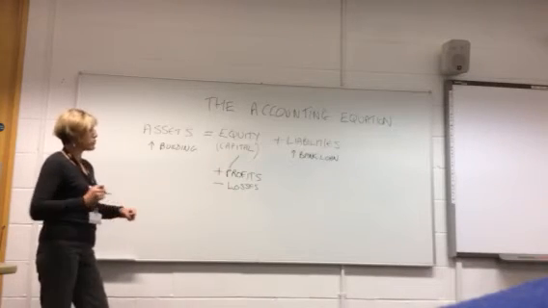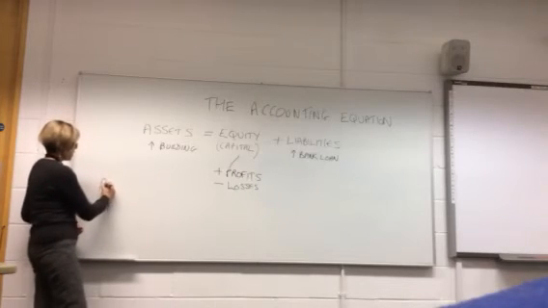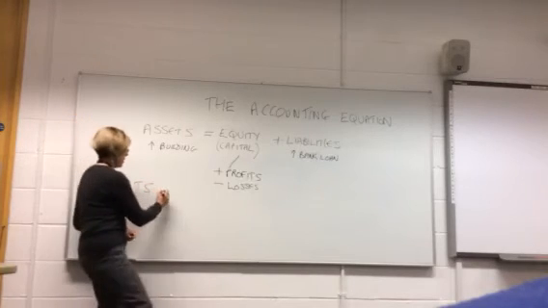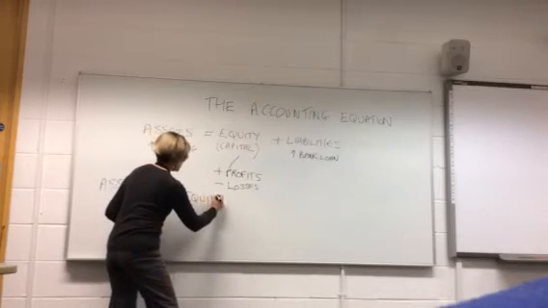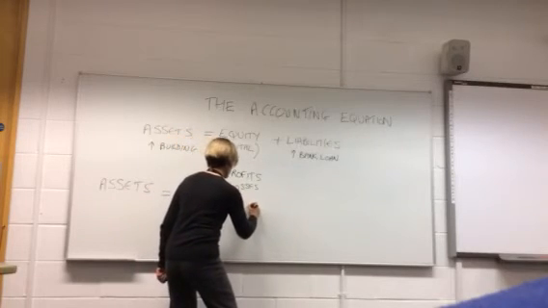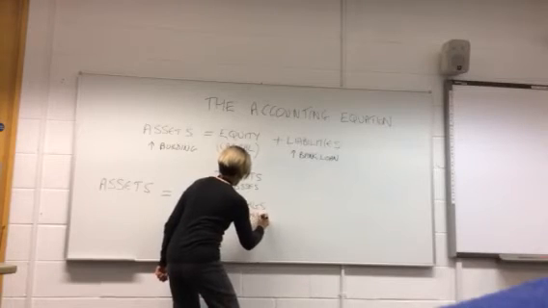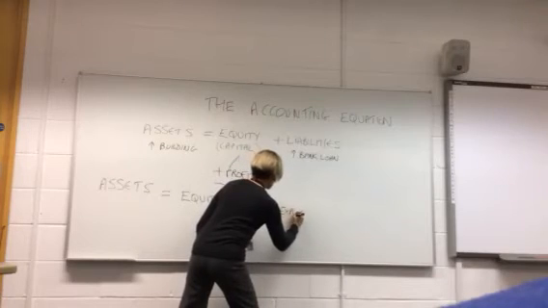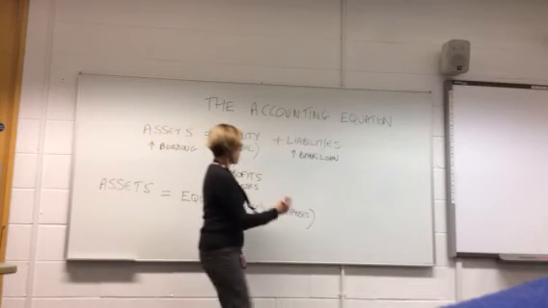So we can expand our accounting equation even further, and we can write assets are equal to equity plus sales revenue minus expenses plus liabilities.